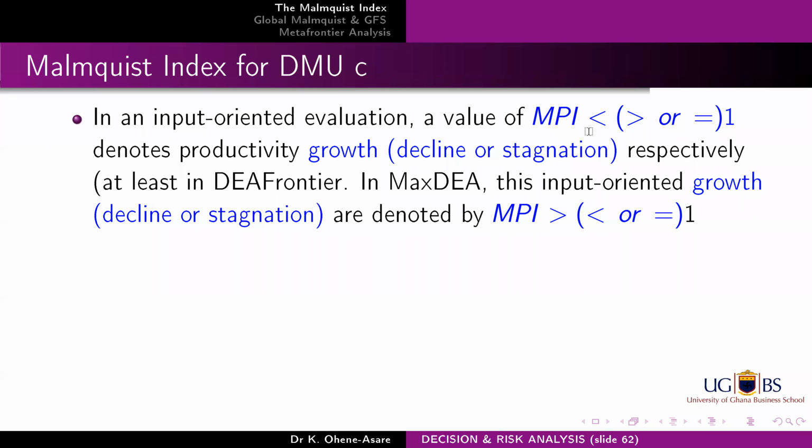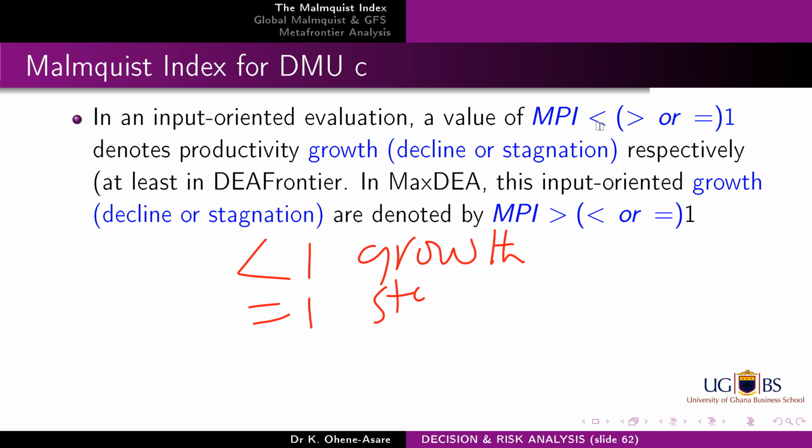When the Malmquist index is less than one, it rather shows growth. And that's why I'm saying that sometimes it can be a bit confusing. When it is less than 1, that is growth in an input oriented. When it is equal to 1, then it shows that there is stagnation between the two periods. And then when it is greater than 1, it rather shows decline.